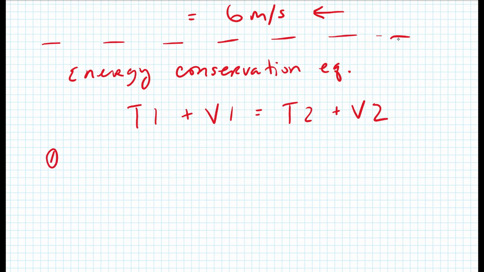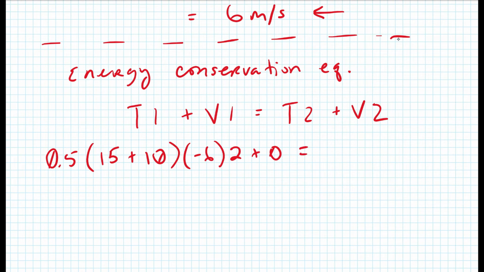Here we have 0.5 times 15 plus 10, times negative 6 squared, plus 0, and that's going to equal 0 plus 0.5 times 10,000 times s max squared.